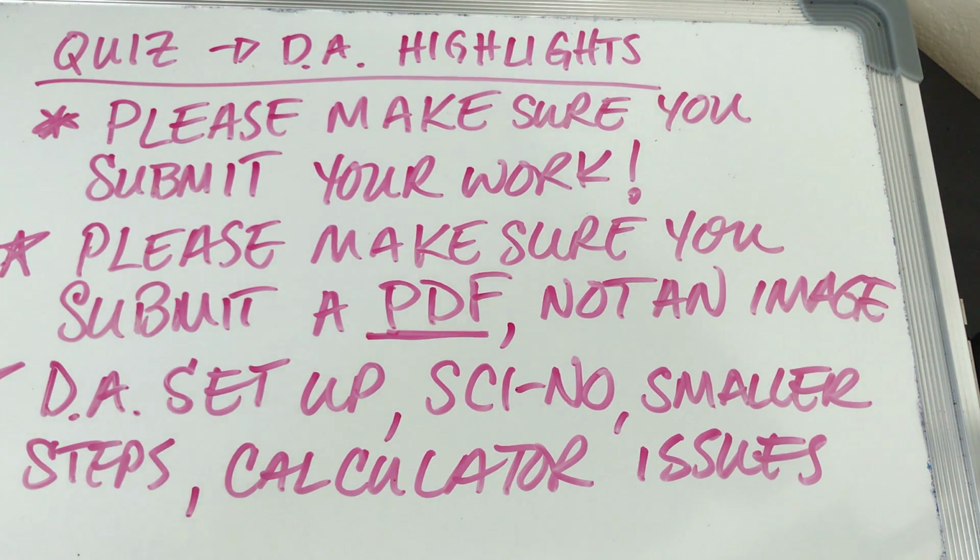But I think generally smaller steps tend to be better because it's easier to make mistakes when you try and stick steps together, if that makes sense. And then the other thing I saw was calculator issues. So people still not quite sure how to put scientific notation in their calculator, or just generally how their calculator functions. So those were the things that I saw.